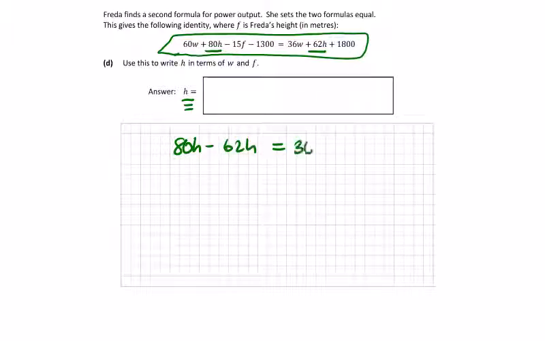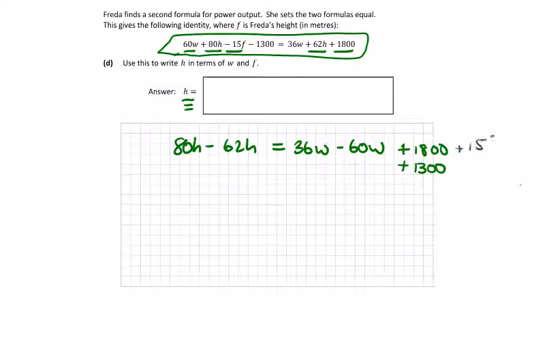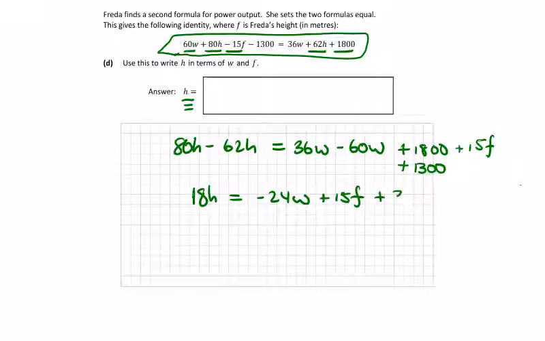That's going to be equal to the 36W, that's already there. I'll bring this 60W across, minus 60W plus 1800, and then plus 15F. I'll bring the 1300 across as well, plus 1300 and plus 15F. So 18H will be equal to minus 24W plus 15F and then plus 3100.